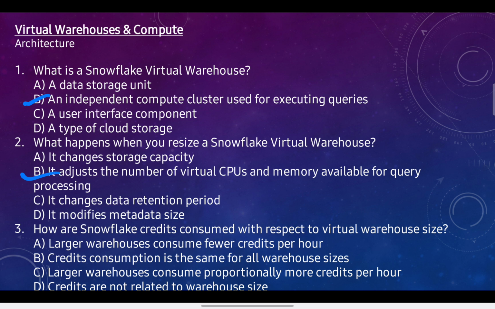So the right answer will be the number of virtual CPUs. Similarly, how are Snowflake credits consumed with respect to virtual warehouse size? Here, the larger the warehouse, the more credits per hour will be consumed. So I think there should be no confusion in these questions.